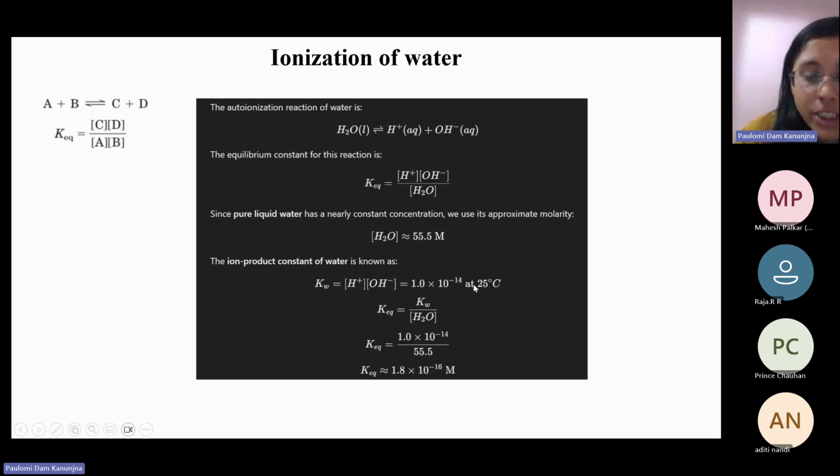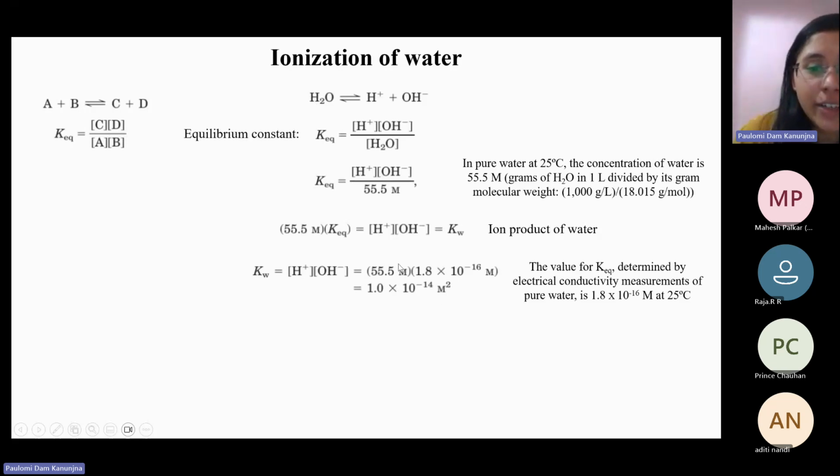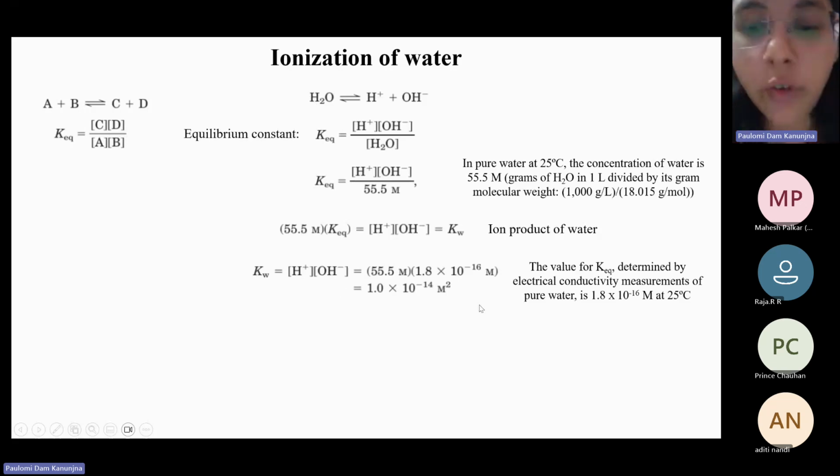If you reverse the equation, and look at the equilibrium constant using the ion product divided by the 55.5 molar concentration of pure water, then your equilibrium constant comes to 1.8 into 10 to the power minus 16. So this is what they had done in the experiment. This is the value that we have used here, which gives you the ion product of the water.